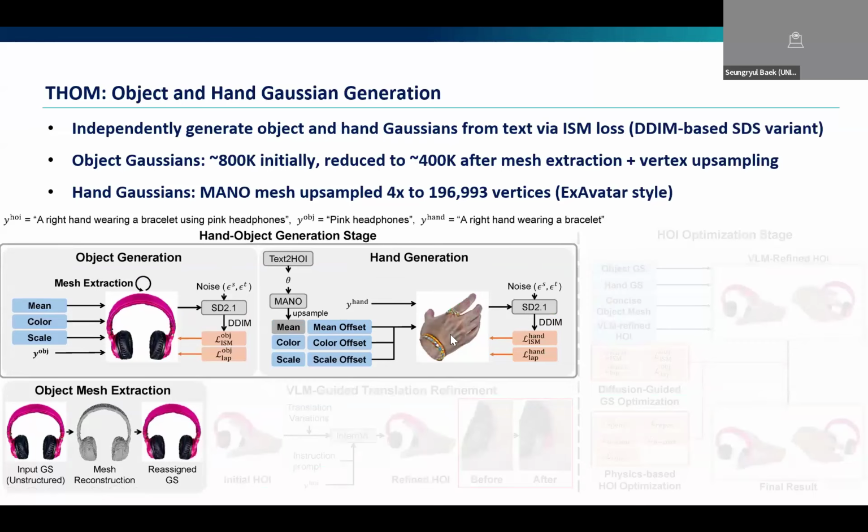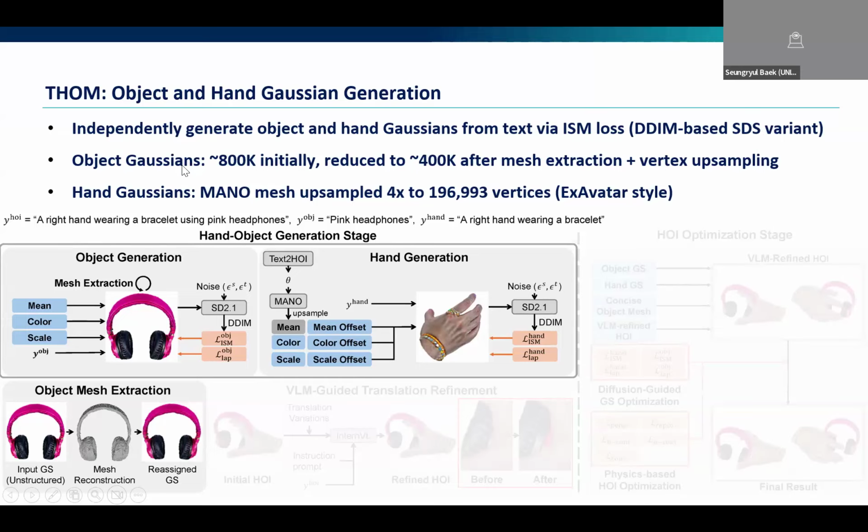In the first stage, we use an existing SDS-based loss, which is ISM. This is a variant of the original SDS. The original SDS uses a DDPM-based scheduler, but in the case of ISM, it uses a DDIM-based scheduler.